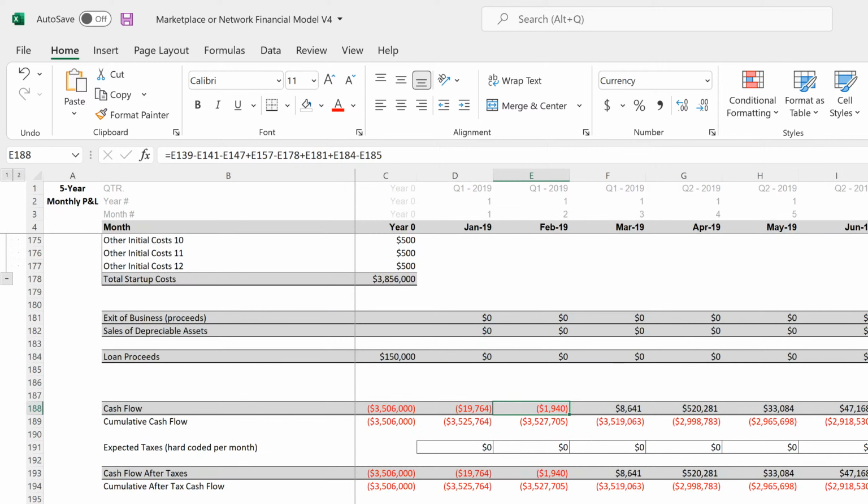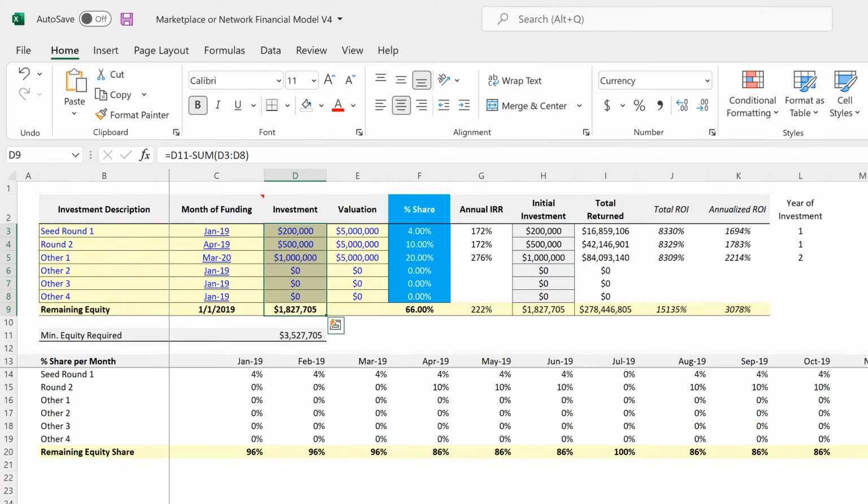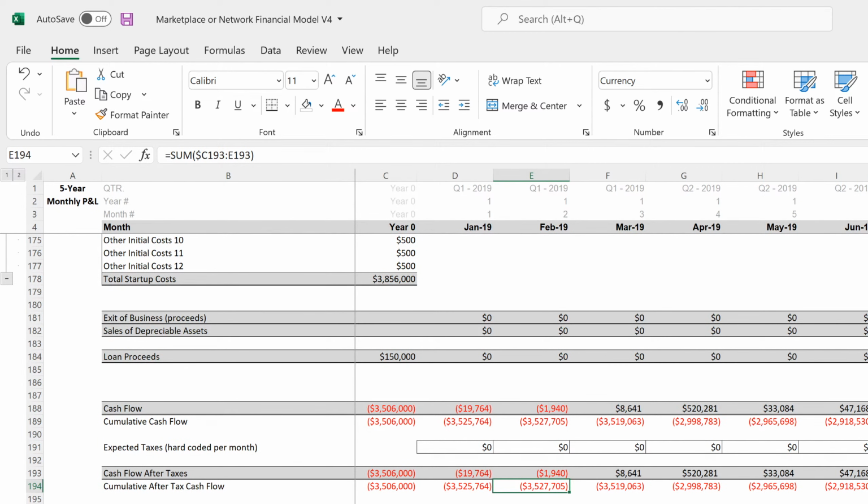Okay, there we go. So now $0 in month two. We're pulling row 194 to figure out the min cash needed, which now will be 3,527. Perfect, that's flowing over. Okay, good.